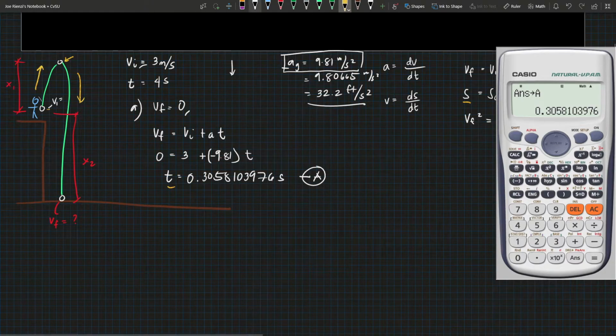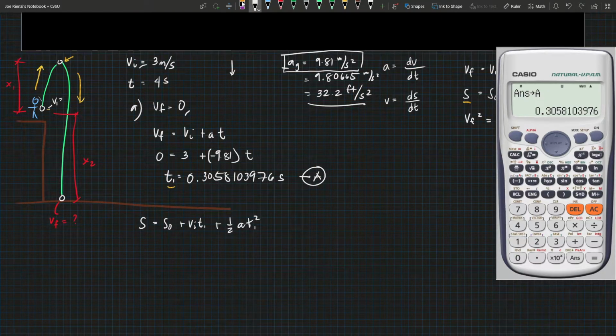So, let's try. S equals to S naught plus V_i t plus 1/2 a t squared. So, yung gagamitin natin dito, yung T sub 1 na lang natin, is yung first part lang.